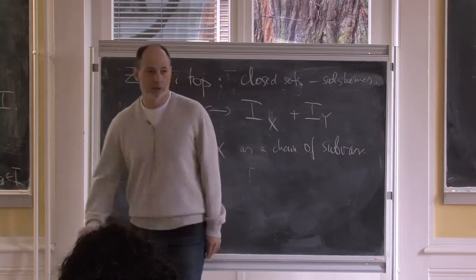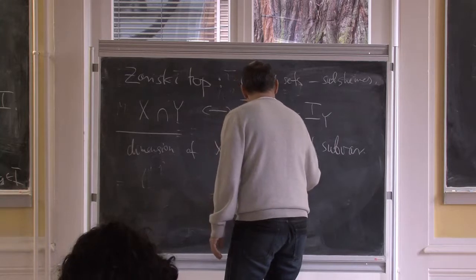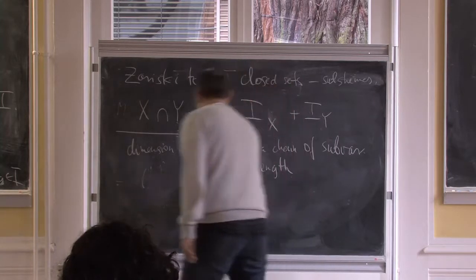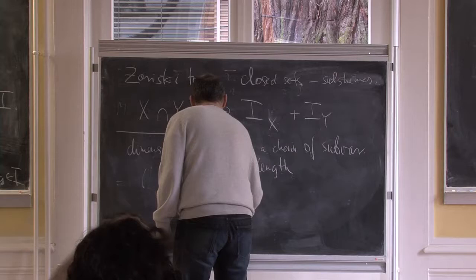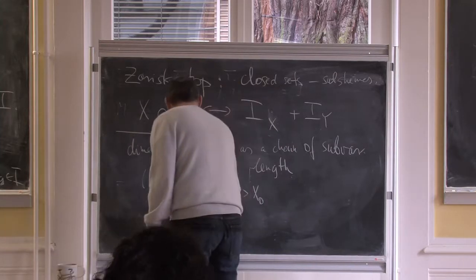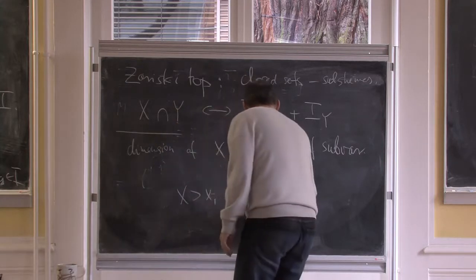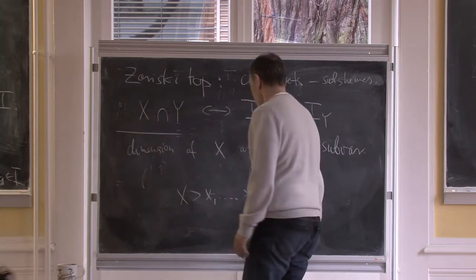You start with X, and you look at X1, and so on, all the way to X0, which are just points, and the dimension is the maximal length of the chain.